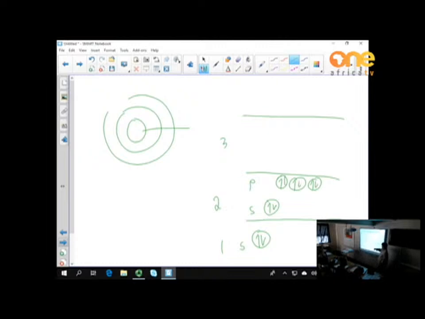Then we said the third energy level has got an S, 3 Ps, and 5 D sublevels. So it's S, P, D. And once again, the electrons first go into each one, then they will pair off.